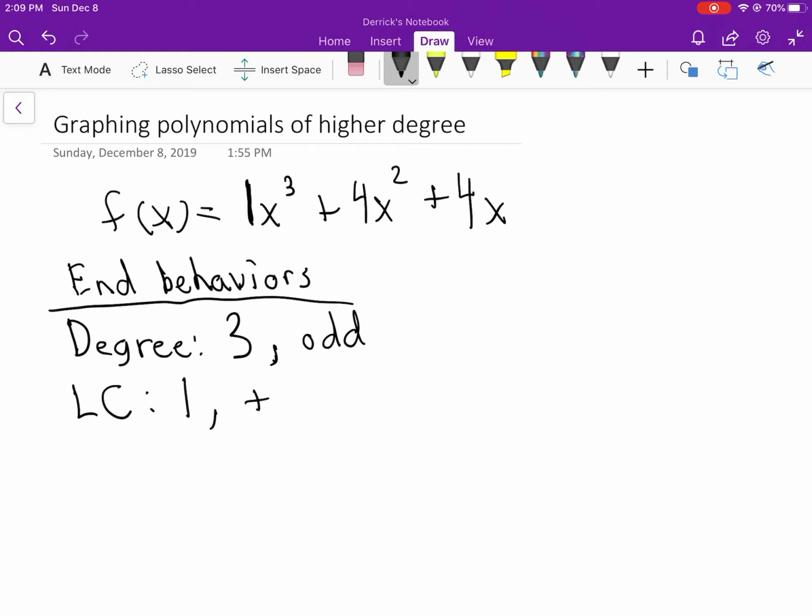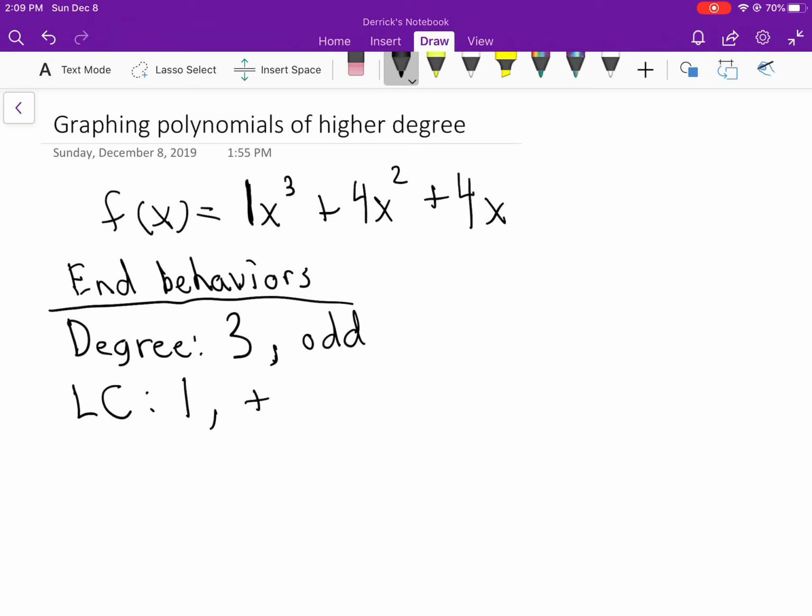leading coefficient. An odd degree function, well, I know with that I'm going to have opposite end behaviors. I know if it's rising on one side, it's going to be falling on the other. Since it's positive, that means it's going to be trending positive as it goes from left to right. I mean, it's going to be trending up.